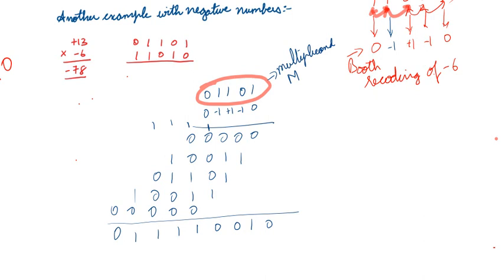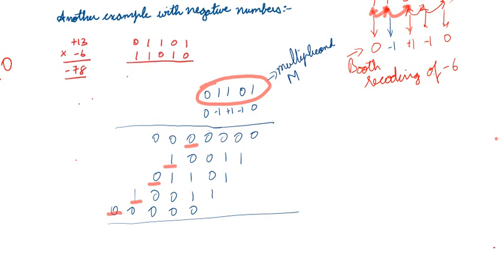Yes, here we messed up one thing. Again, we missed out the sign extension, right? What is sign extension? We have the sign bit. Don't forget to extend the sign, right?